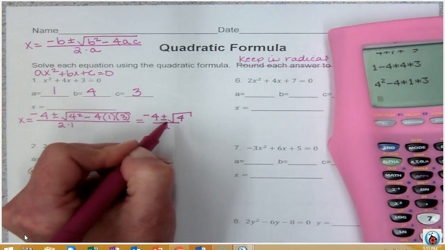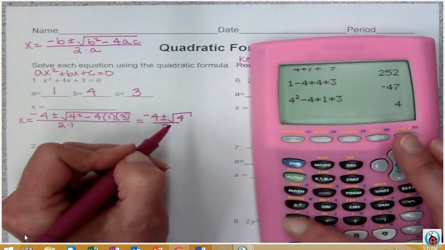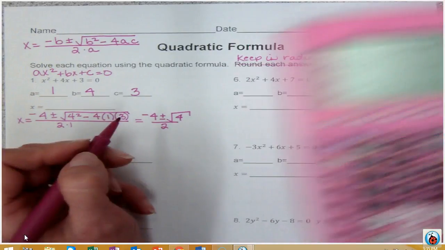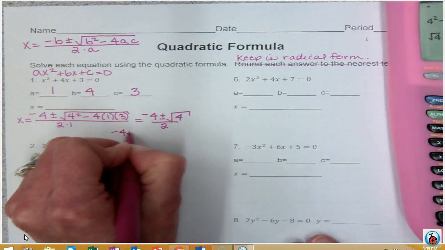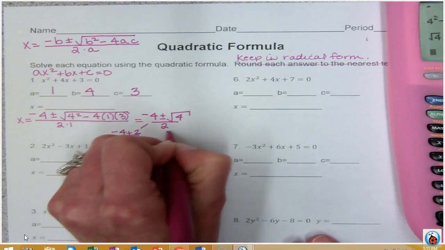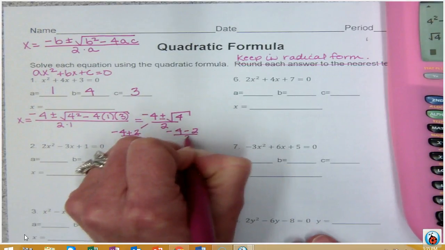The square root of 4 we know is, if you don't know, you should know, but it's 2. So we're going to get negative 4 plus 2 divided by 2, and negative 4 minus 2 divided by 2.